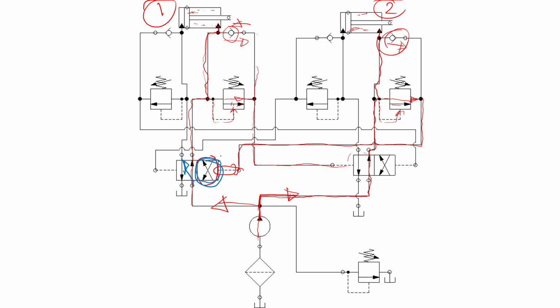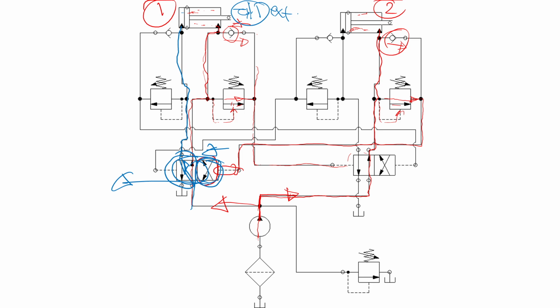So this whole right side shifted right here, and this whole valve is shifted to the left. So the flow is going to go now to the blank end of this cylinder, and that will extend this cylinder completely. So cylinder 1 will extend completely fast.